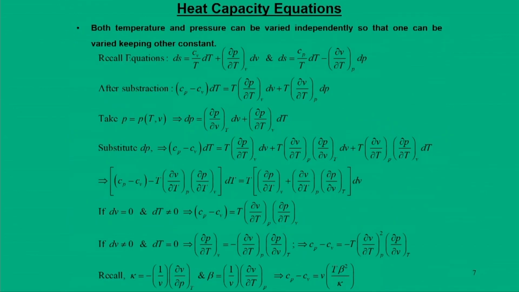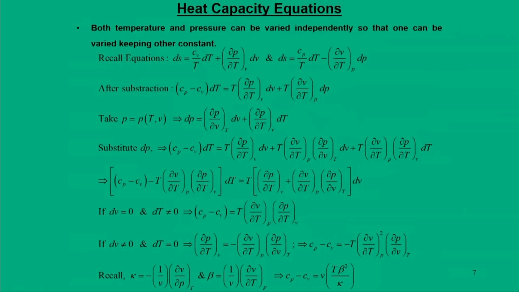Okay. Now, having said all these things, let us see how we can get the heat capacity equations. By heat capacity equations, we assume that we are looking at specific heats at constant volume and constant pressure. Now, from our previous relations, we can recall two important equations.